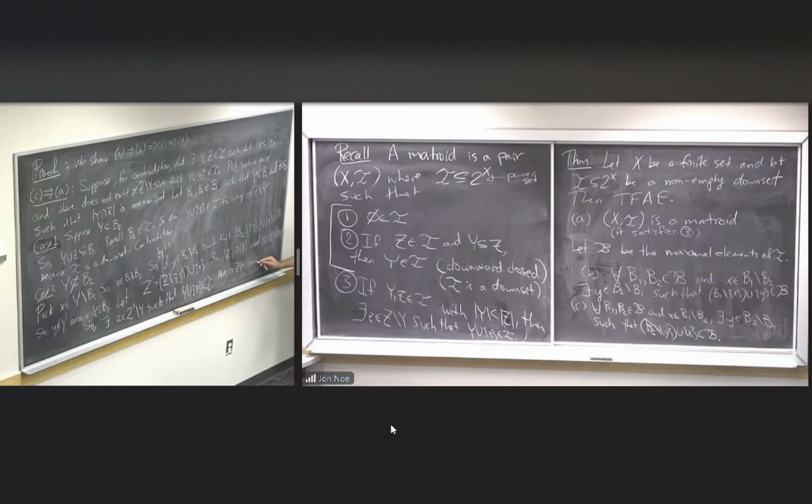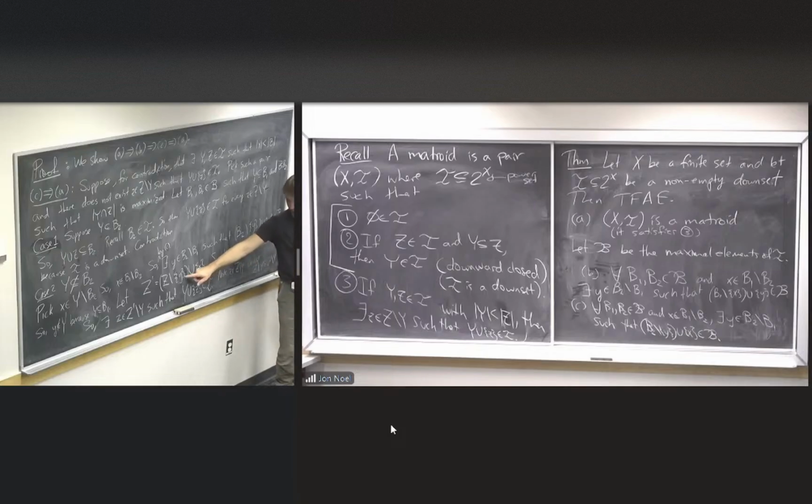What I've got written here is that z prime take away y is a subset of z take away y. Why?